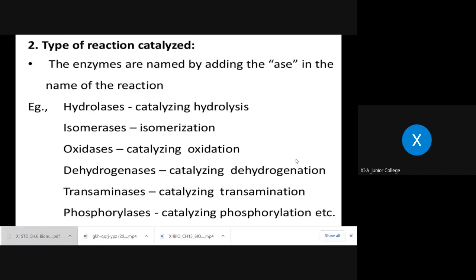Oxidases catalyze oxidation. Dehydrogenases catalyze dehydrogenation. Transaminases catalyze transamination. Phosphorylases catalyze the reaction phosphorylation. So in this way, the names are given according to the type of reaction they catalyze.